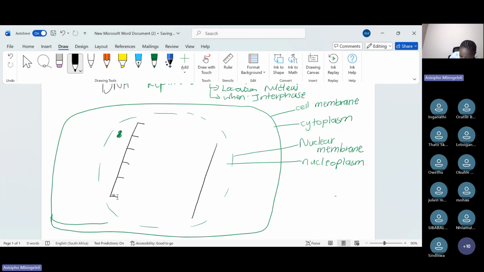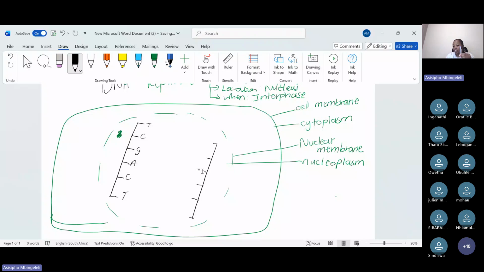So I'm going to put T, C, G, A, C, T. Those are my bases on the one strand. I'm going to need someone to help me with bases that we should have on the other strand. Anyone? You can just unmute. Remember, how are we going to find these bases?